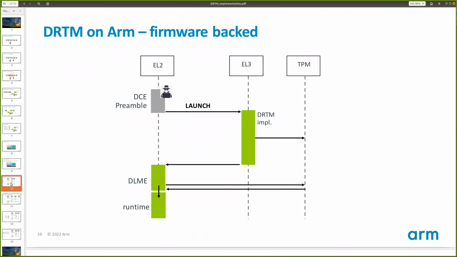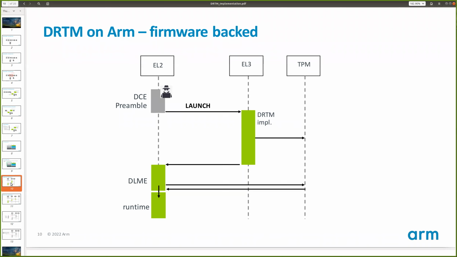Next slide. So what this looks like on an ARM system is shown in this sequence diagram. This is an example, not necessarily how it would have to look as far as where components are located, but a typical example is that you have firmware at EL2. That's where UEFI would normally run. And so your bootloader and so on would be at EL2.